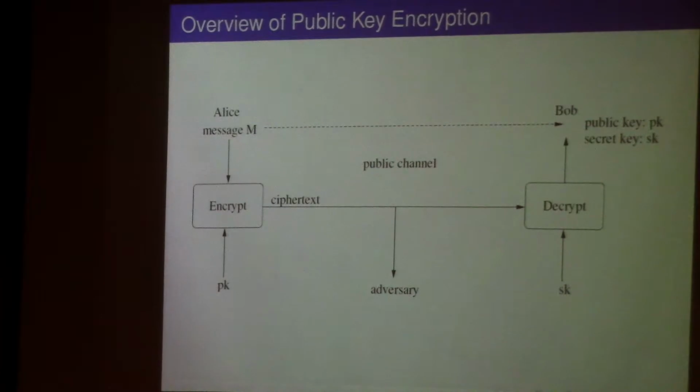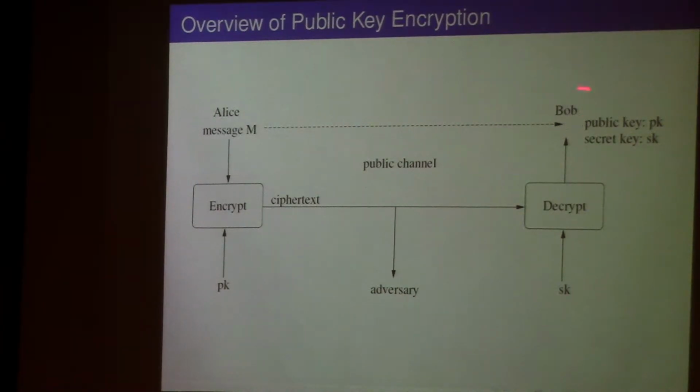The paradigm shift proposed by Diffie and Hellman is that the encryption key can be made public, so anybody can encrypt a message, which would be sent across the public channel, and there is a corresponding secret key, which only Bob would know, and this secret key will allow the decryption of the ciphertext to the original message. This differentiating between the public key and the secret key is the most ingenious idea that was proposed by Diffie and Hellman, though they could not give a solution to it. That was given by Rivest, Shamir, and Adleman, the RSA crypto system.